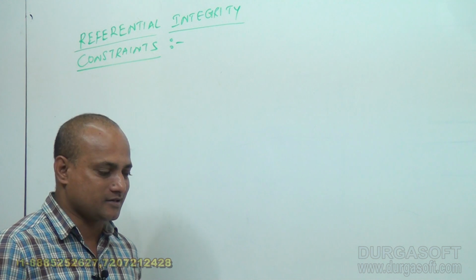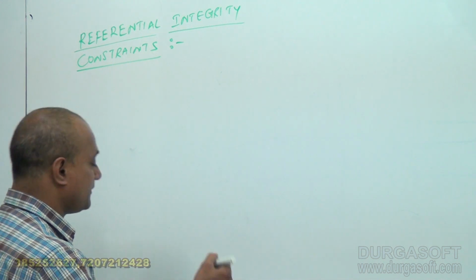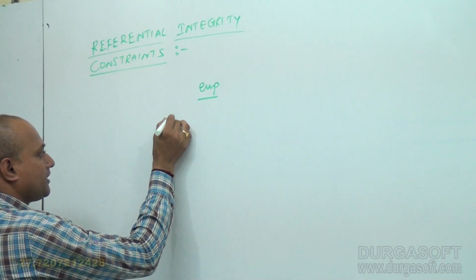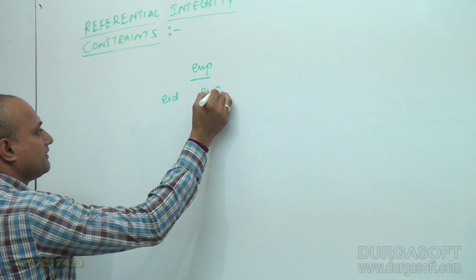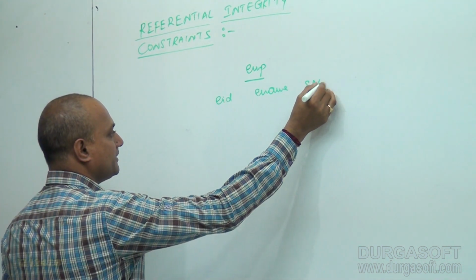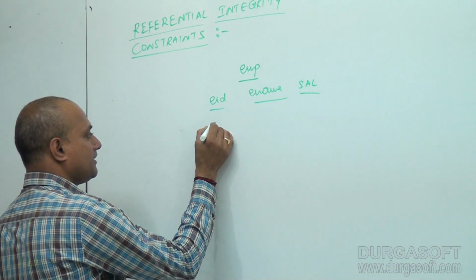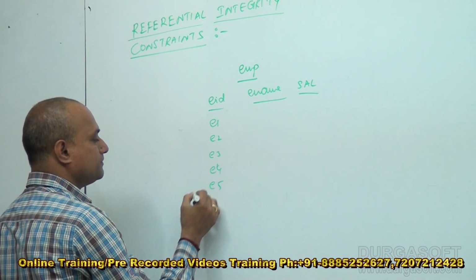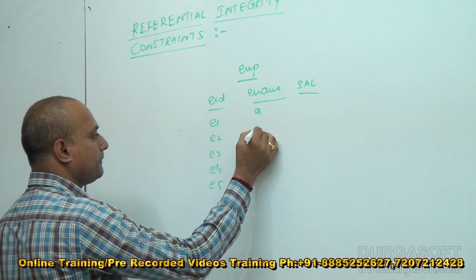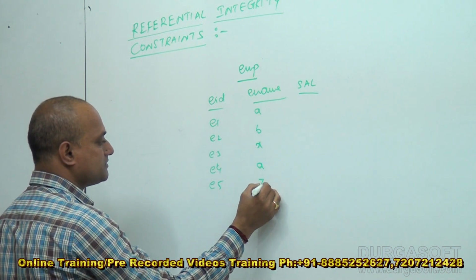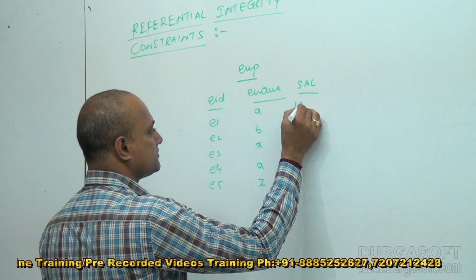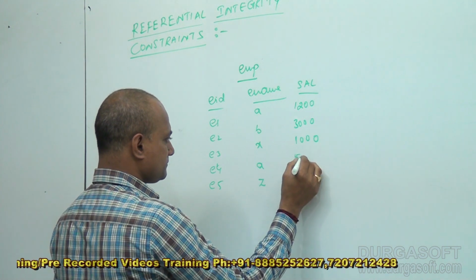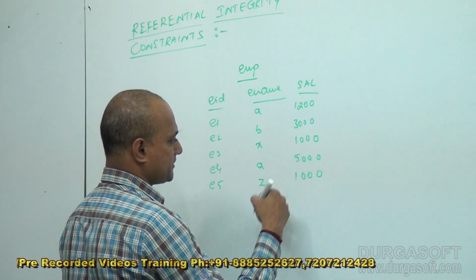What are integrity constraints? Let us assume I am introducing two tables. The employee table has employee ID, employee name and salary. Let us say E1, E2, E3, E4, E5, and names A, B, X, A, Z, and the salaries are 1200, 3000, 1000, 5000, and again 1000.